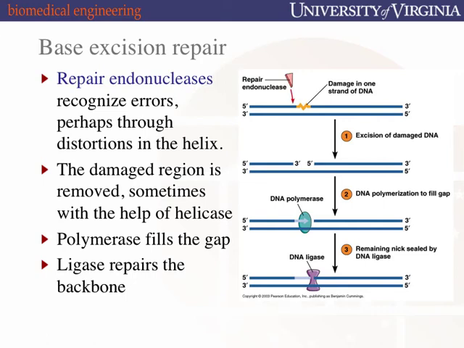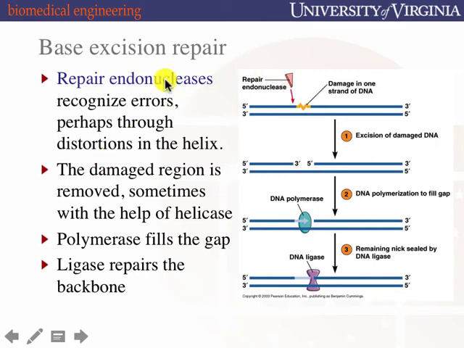I talked a little bit on Tuesday about wiggling, right? If it's not forming hydrogen bonds really well, then there might be a certain level of thermal fluctuation going on with its position. And these enzymes likely have a mechanism in order to detect that.